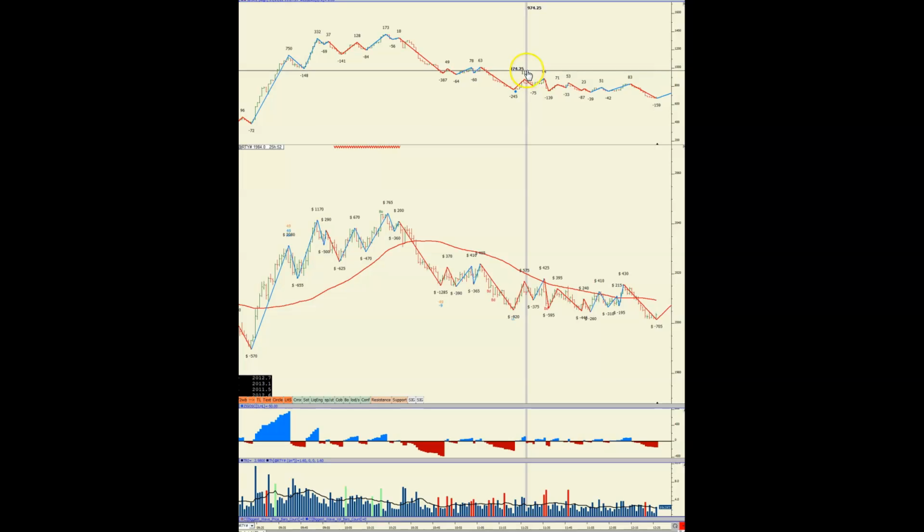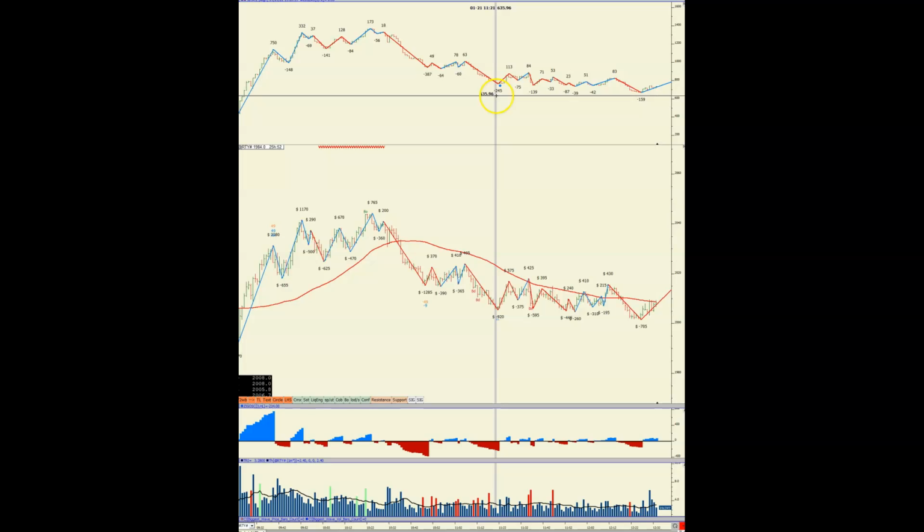Advance after that is 113. Now, 113 is more than the prior advances of 63, 78, 49, and 10. So it's more than four prior advances, and it is approximately half of the declines of 245. Am I bullish? No. Am I ready for a warning? Yeah.